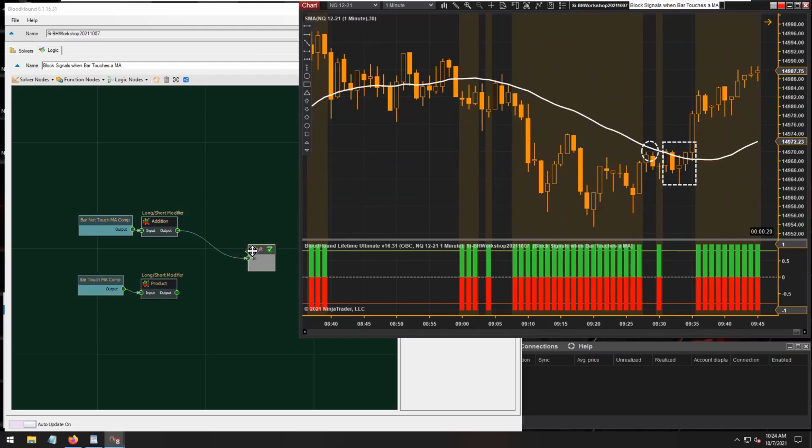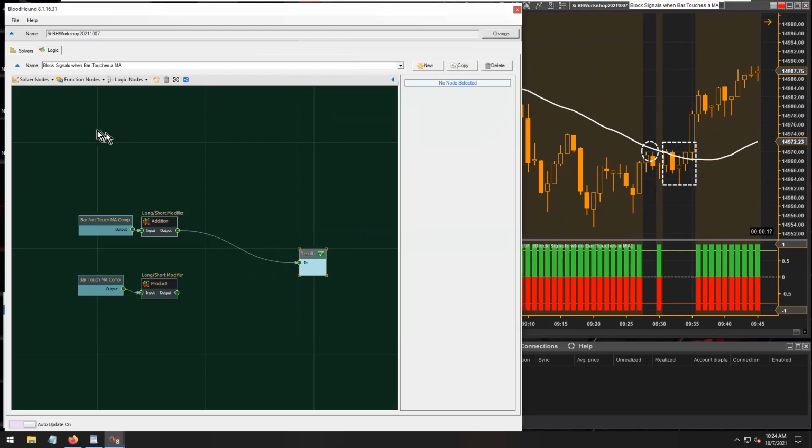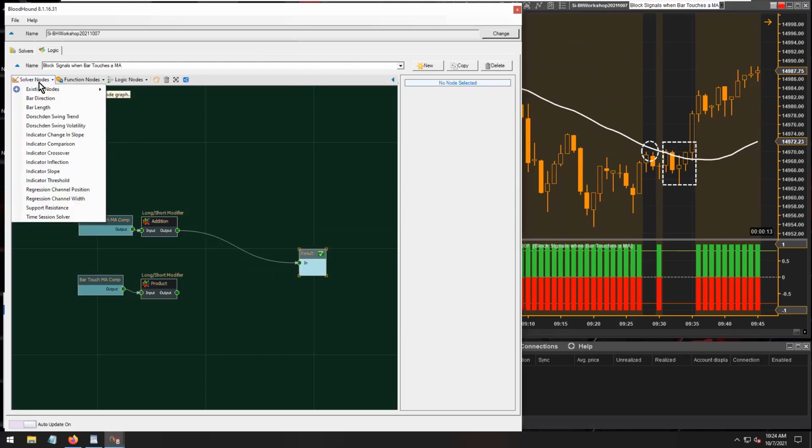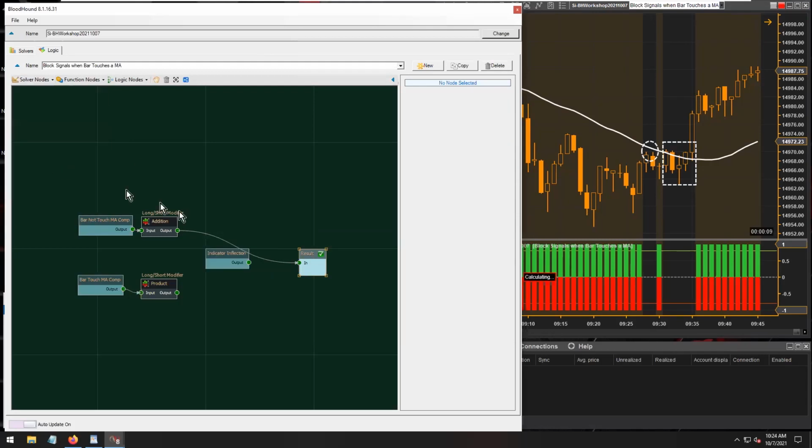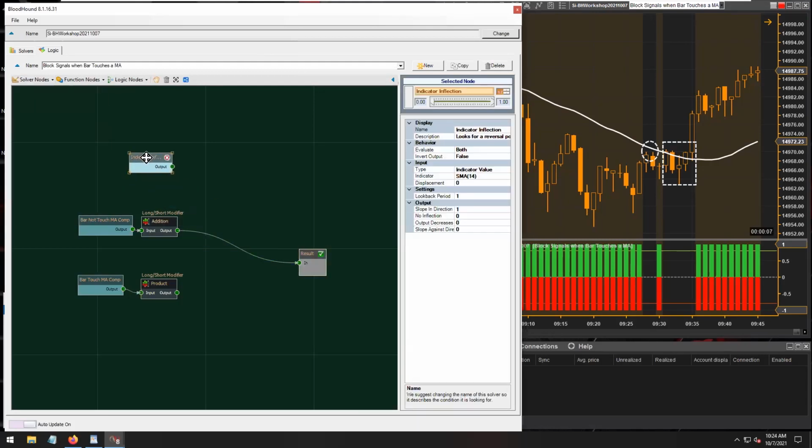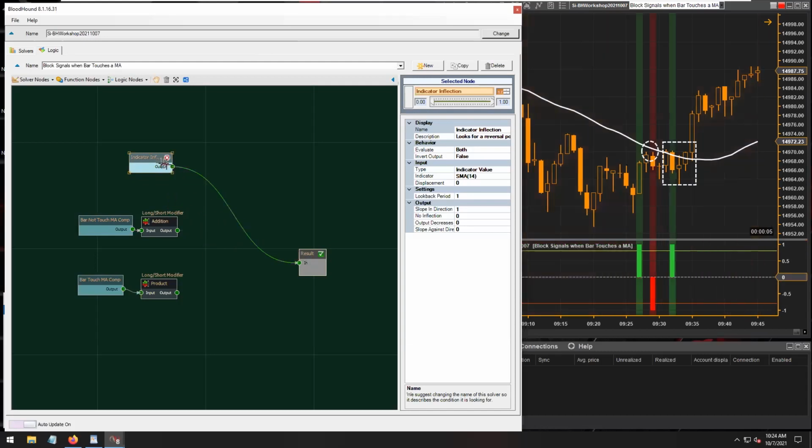And let's see here. And the last step here, the last part, would be to add some kind of a signal source. So let me just do a simple price inflection solver here to generate a bunch of random signals.